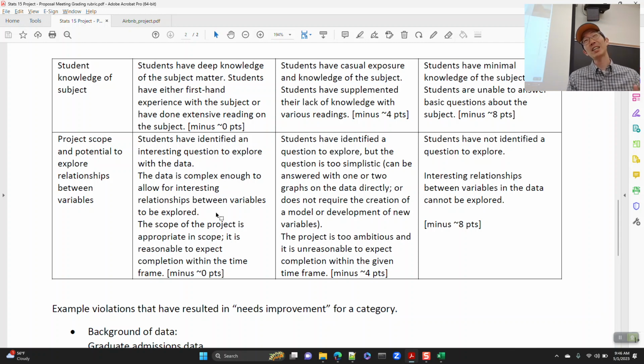Usually, I would want at least a couple numeric variables and a few categorical variables where you can find subgroups. And a very simple yet interesting exploration is, okay, if we looked at this subgroup, do certain relationships hold, right?